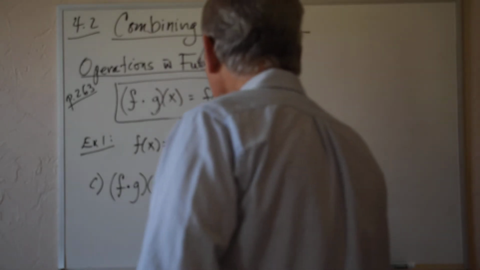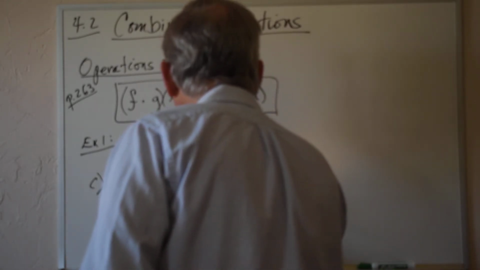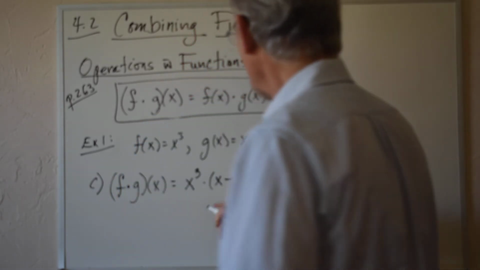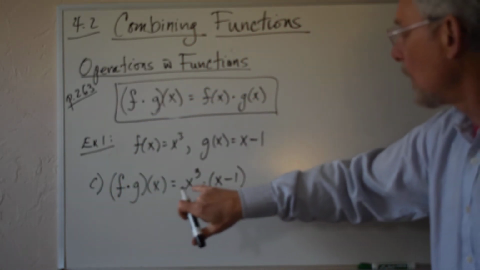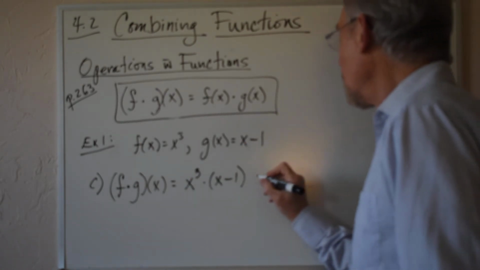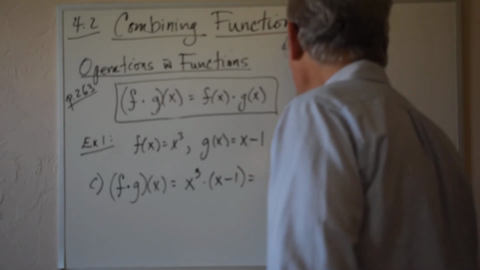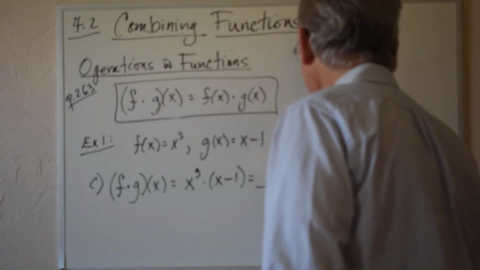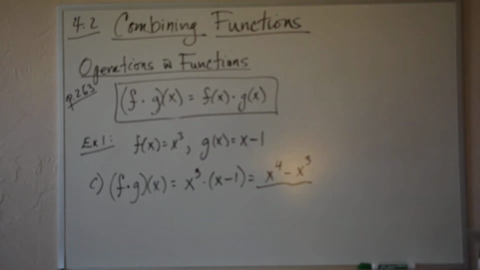So let me just substitute right in there. Here's my g of x in the parentheses multiplying my f of x. If we multiply this out to simplify, we arrive at this polynomial.